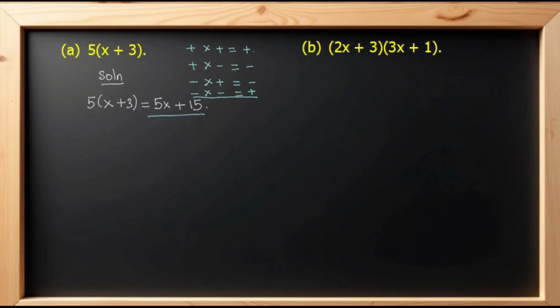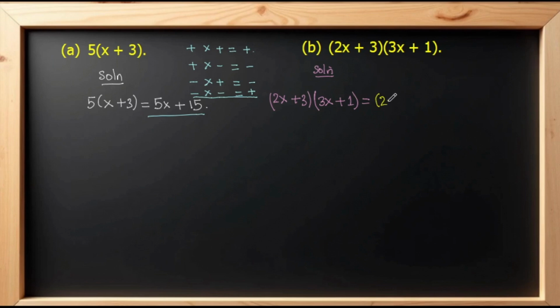In our number b, we'll also write a solution here, and we have our expression (2x + 3) multiplying (3x + 1). Now I am going to give some color for the first bracket that will multiply the second bracket.